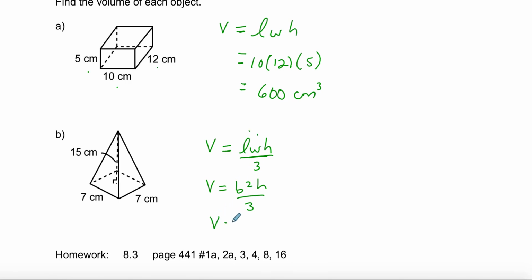So the volume is 7 squared times the height, which is 15, but then you have to remember to divide by 3. So what I would end up with is 49 times 15 divided by 3. I get 245 centimeters cubed.